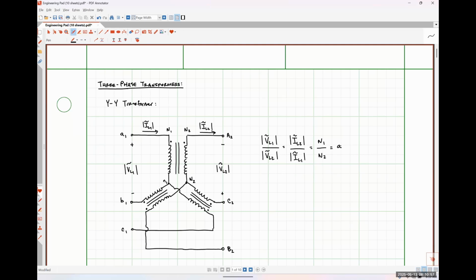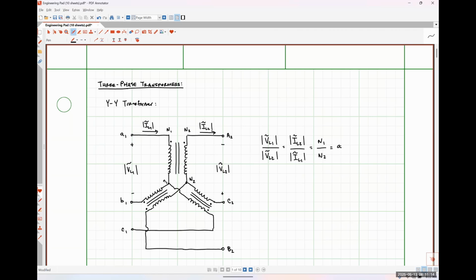And if we know our line voltages, then we can convert down to our phase voltages just by using that square root of 3 relationship and all of that kind of stuff like we learned when we were dealing with three-phase circuits. So all of those relationships still hold.